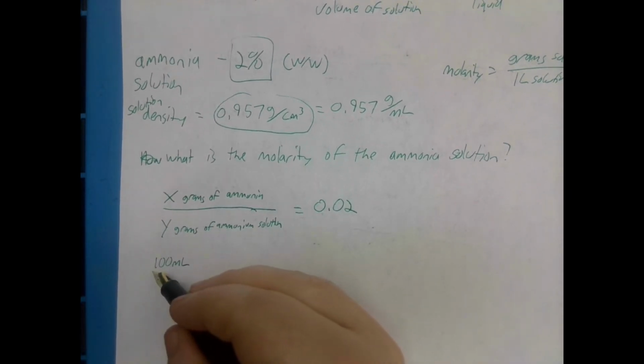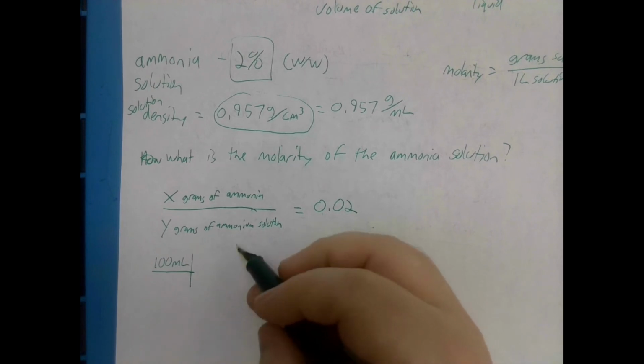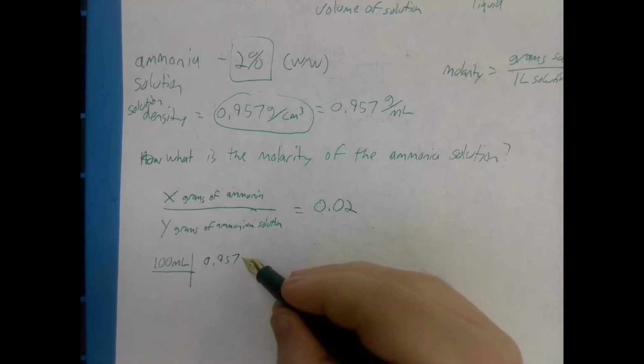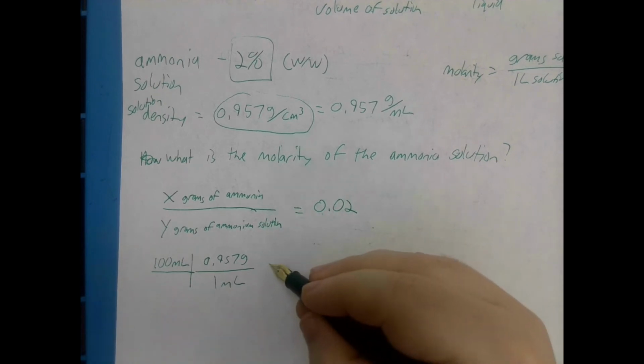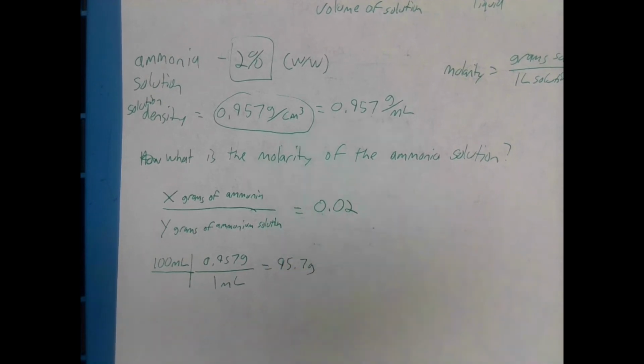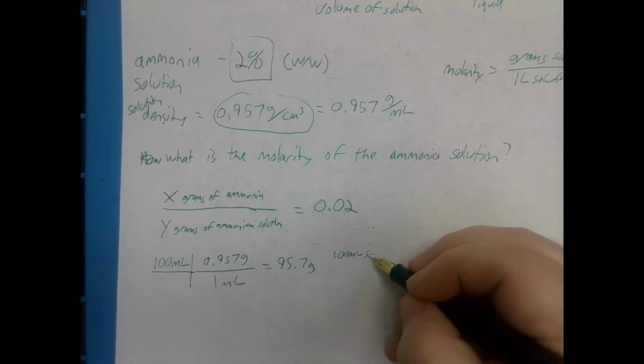Then we can figure out how much the mass of 100 milliliters would be. I take 0.957 grams per milliliter, so 100 milliliters would have a total mass of 95.7 grams.